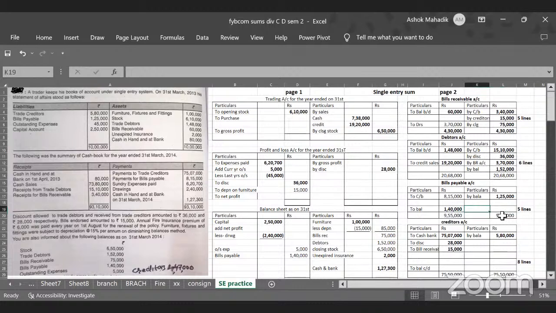Here, whatever balancing figure is there, it will be transferred to creditors. So by creditors. Always prepare these four accounts in this order only. So in creditors, it will be 8,30,000, to bills payable.